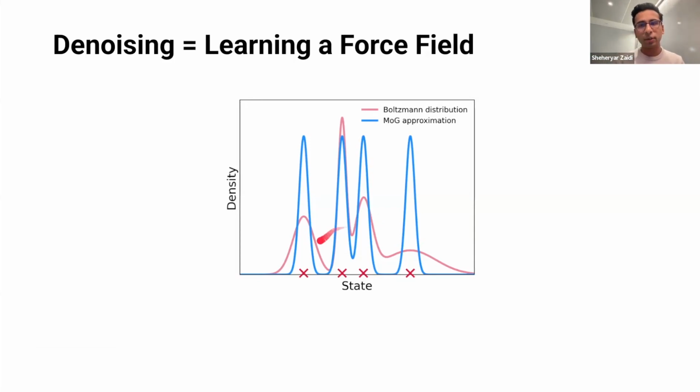Here, the fact that we use the same noise for every molecule means that the width of each of the Gaussians is the same across the entire thing. So one thing that's definitely a good idea to try is varying the noise level in accordance with the thickness of the Boltzmann distribution at each of the different modes, and see whether that improves anything.